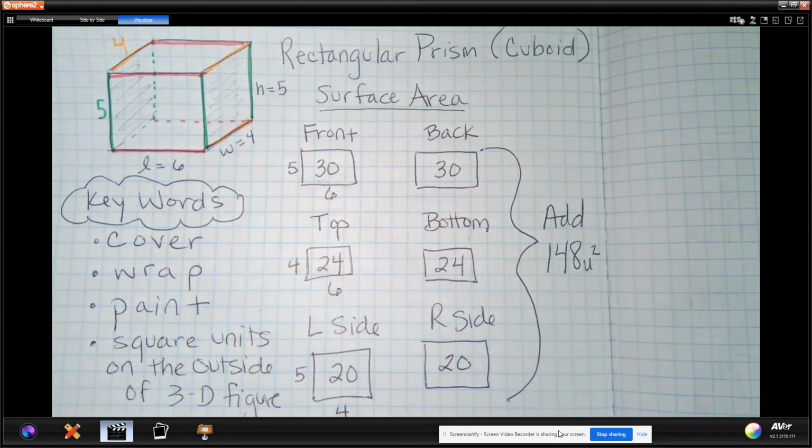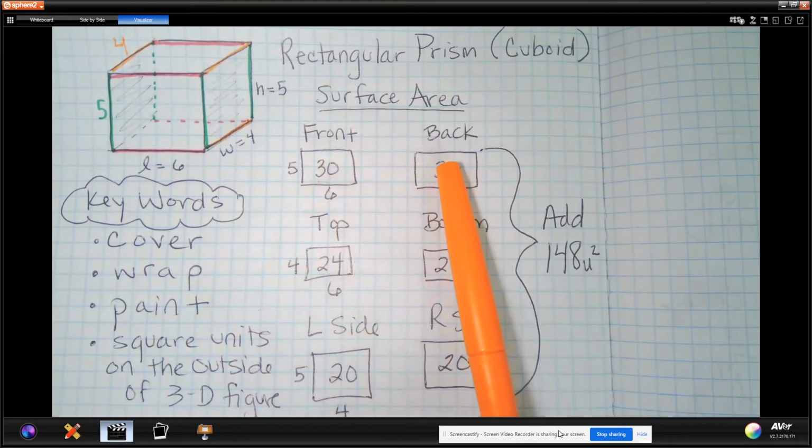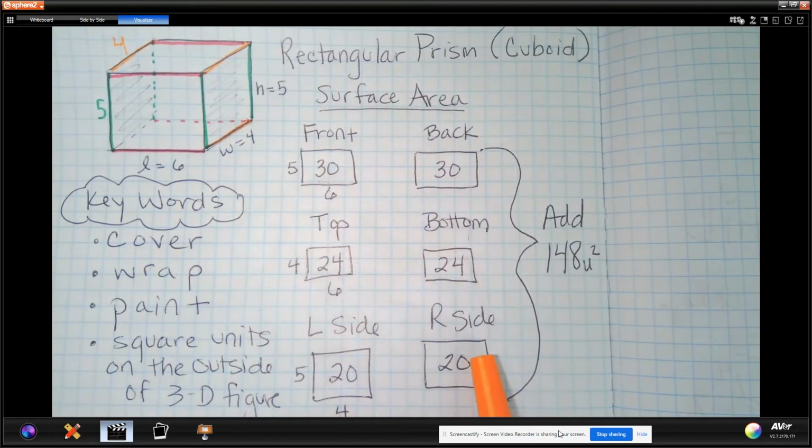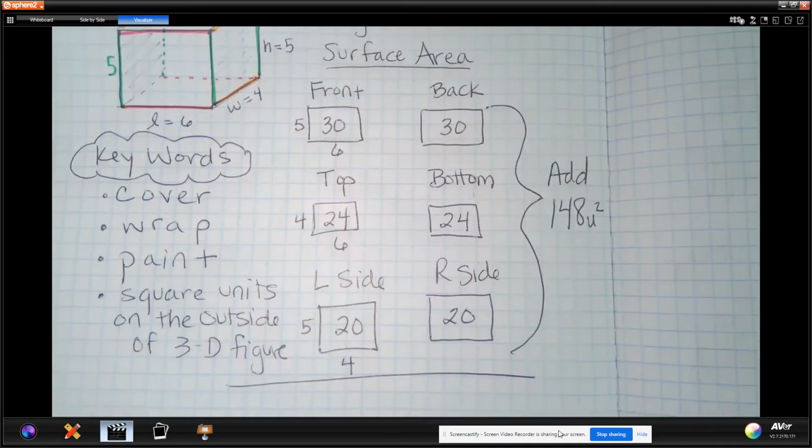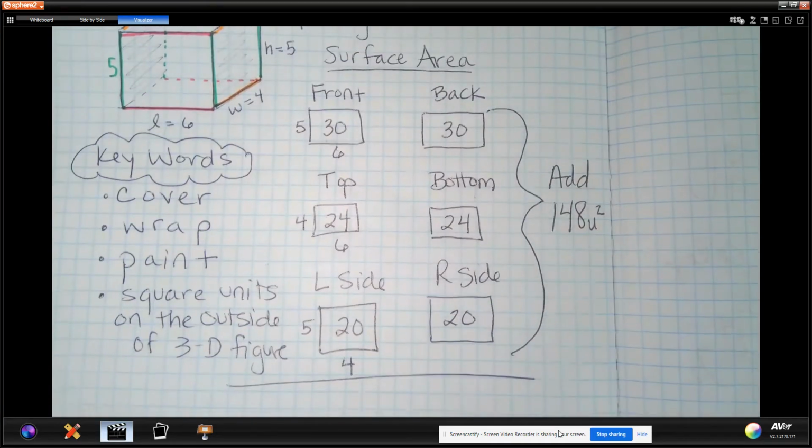So I think the formula that we want to use would be a combination of putting all this together. We notice that we have two of these, and two of these. So for the formula, I'm going to just go down to the bottom here and come up with our formula.